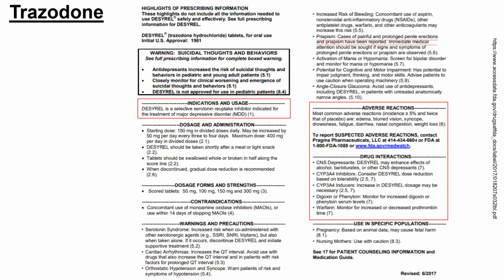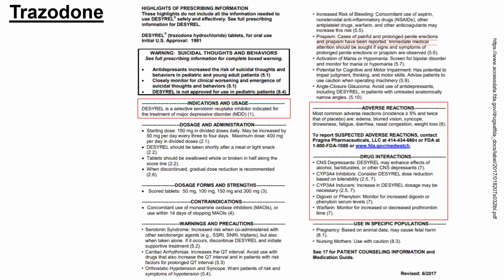Okay. So I know that you just briefly mentioned priapism. I had a question specifically for that. With the Viagra, you have underlined use with caution in patients predisposed to priapism.